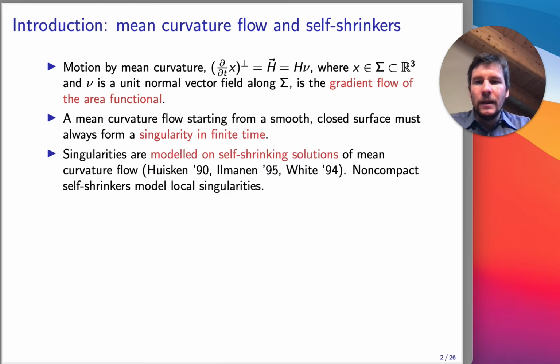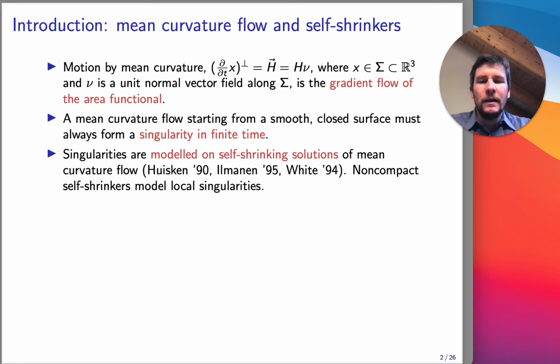Okay? And so these singularities are modeled on self-similarly shrinking solutions of the mean curvature flow. That was first shown by Huisken, who invented this monotonicity formula, and he needed a so-called type 1 assumption, some assumption on how the curvature behaves along the mean curvature flow.